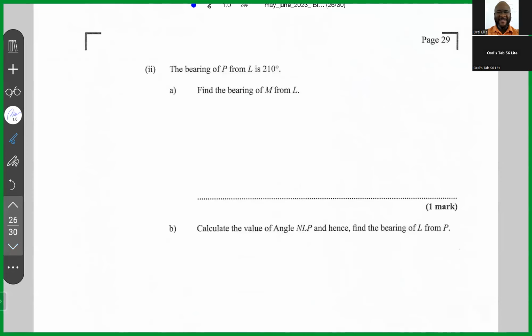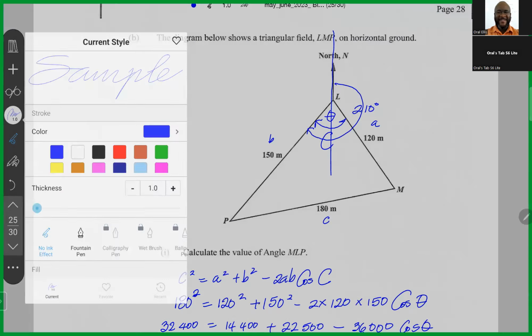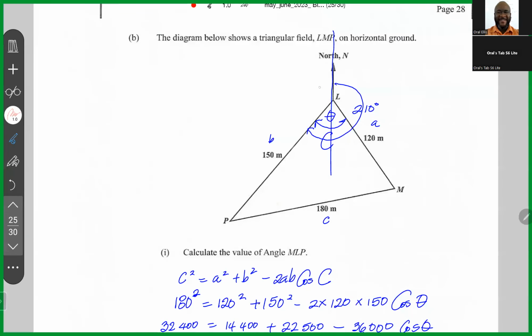Let's get back to it. All right, so here's what we know. Well, we could find this angle here. Let's change our color a little. We could find this angle here, which is equal to 360 minus 210. So this would be 150 degrees. All right.